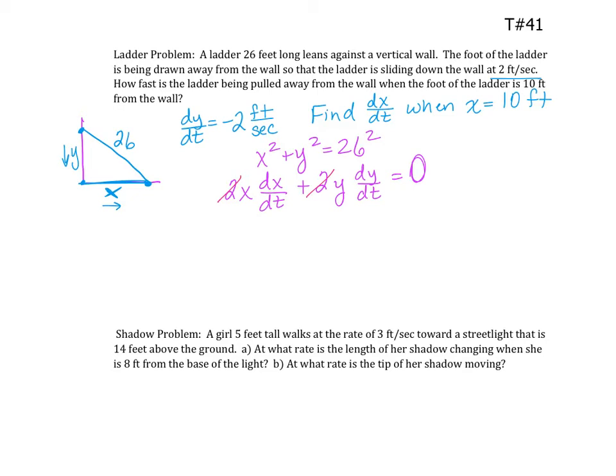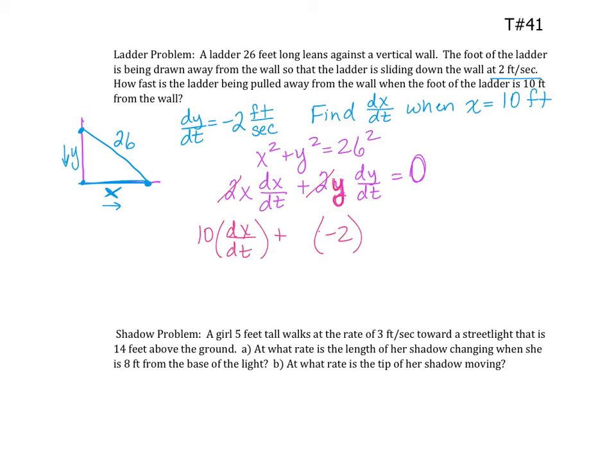I'm finding dx dt when x is 10, so sweet, x is 10. dx dt is what I'm finding, so it makes sense that I don't have that. Plus, and then I get to y, okay, let me skip that for a minute because I don't have that. What is y? dy dt is negative 2. So notice what tripped me up was this y.